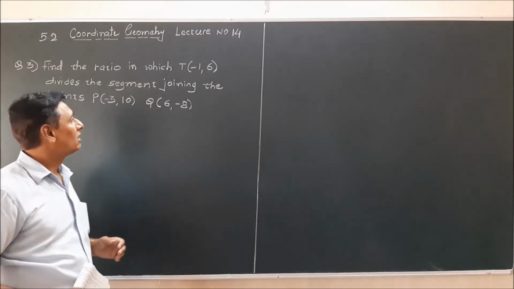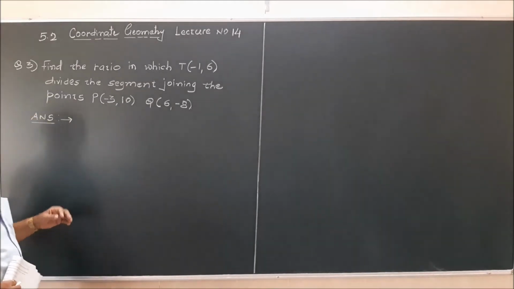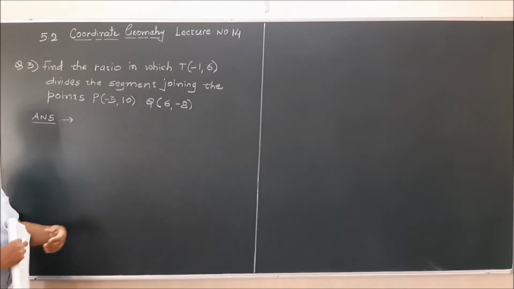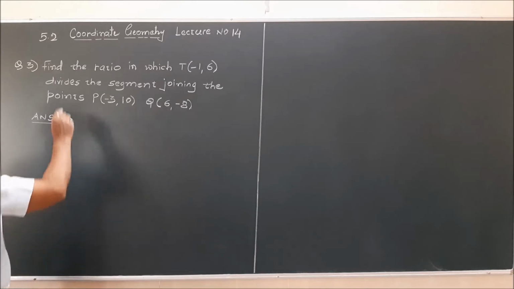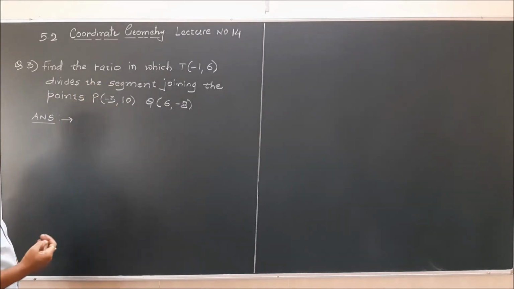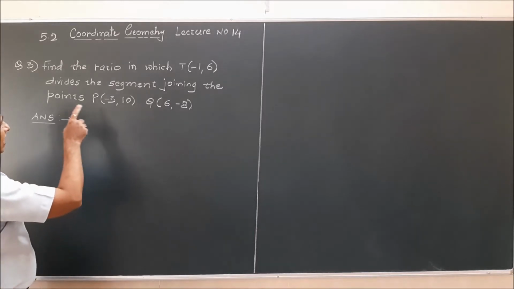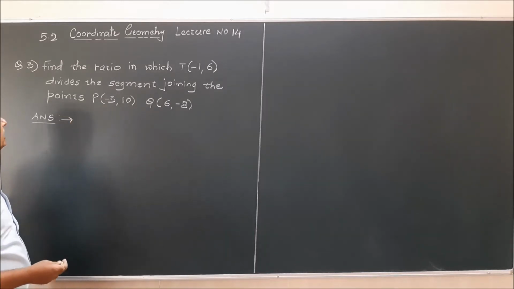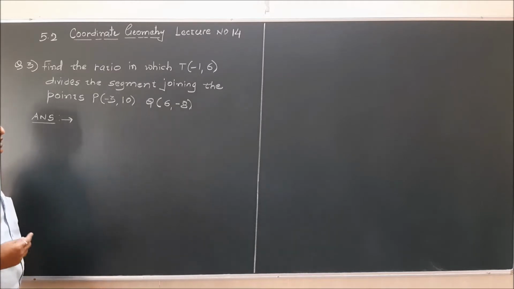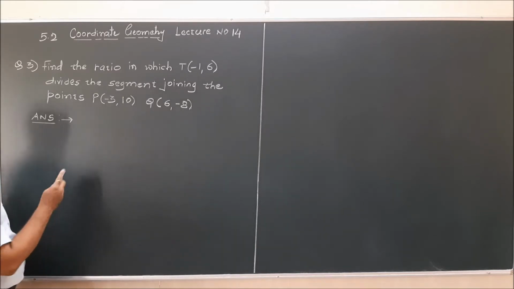Now I'm going to do exercise 5.3, question number 3. The question is: find the ratio in which T(-1, 6) divides the segment joining the points P(-3, 10) and Q(6, -8).